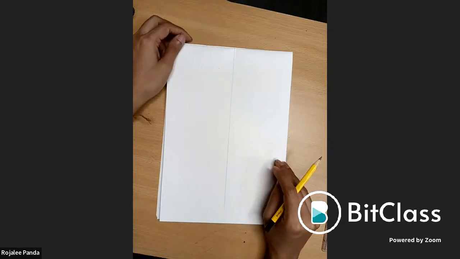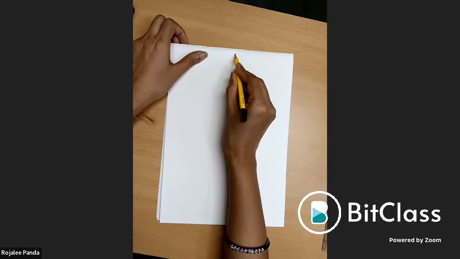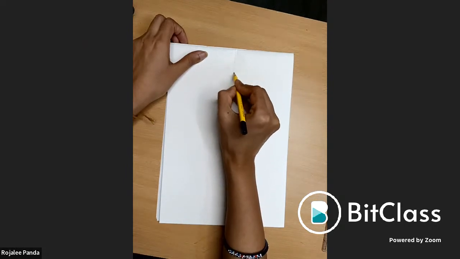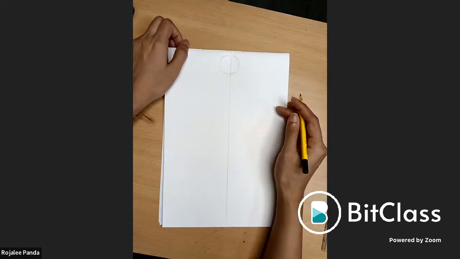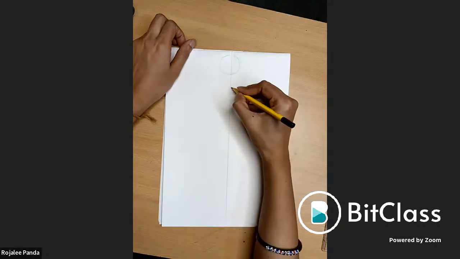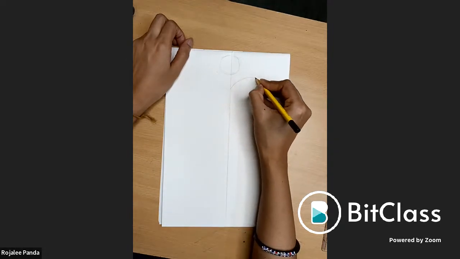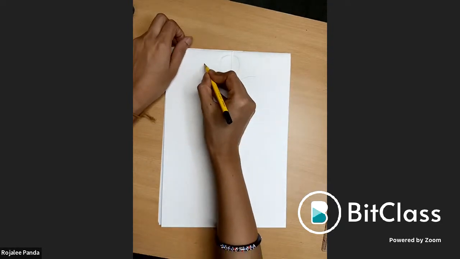After that, we are going to make one circle here. Very lightly, you have to create one circle. Okay. After that, make one curve line here, another curve line here, and make two circles.